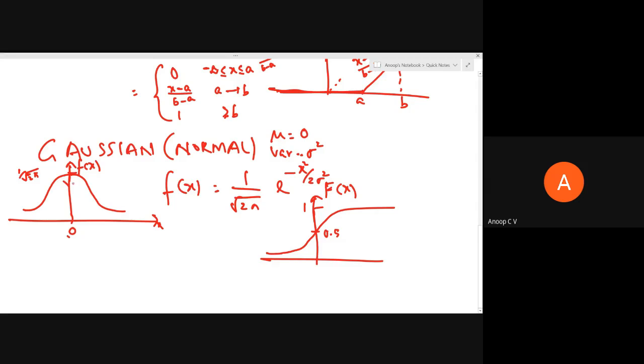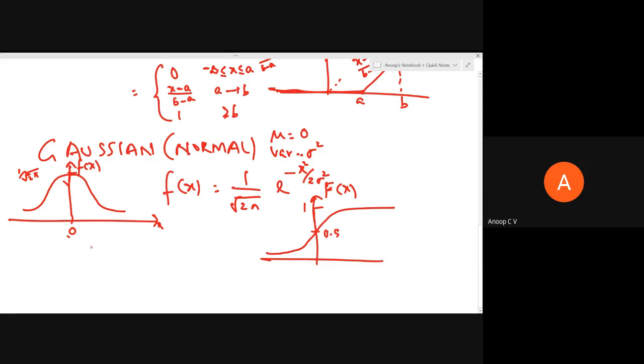Normally they may give a Gaussian function and ask for the cumulative distribution function, or probability distribution function. In that case, this is the answer.